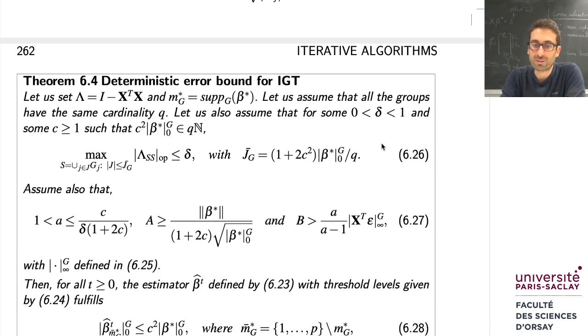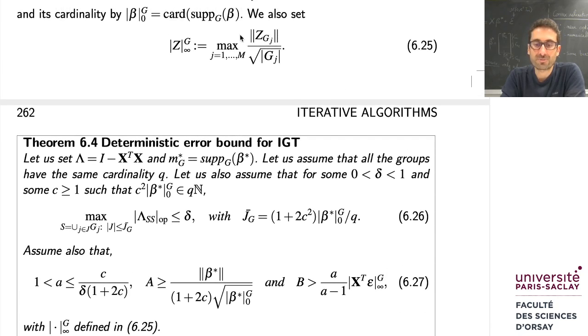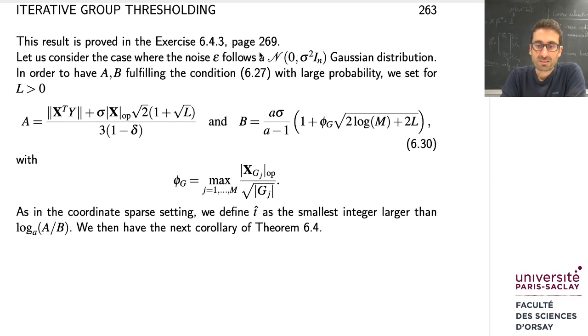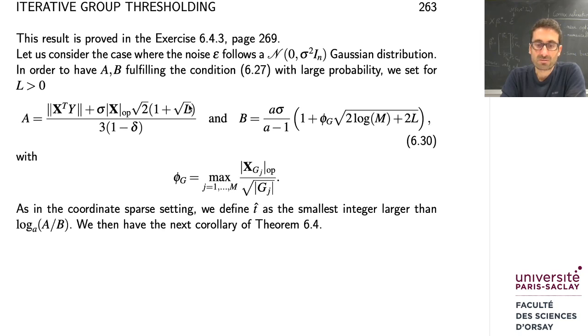Now we have to handle this quantity instead of the sup-norm of Z. So we choose a B adapted to this quantity. Same A, and for B, we will choose this.